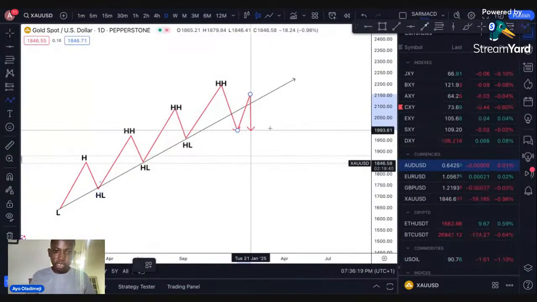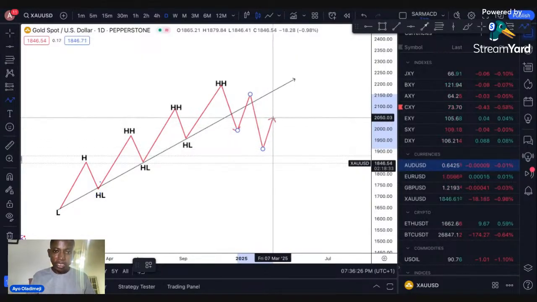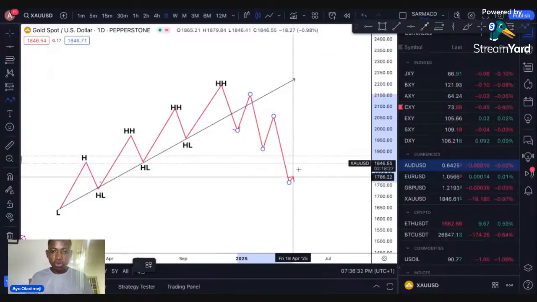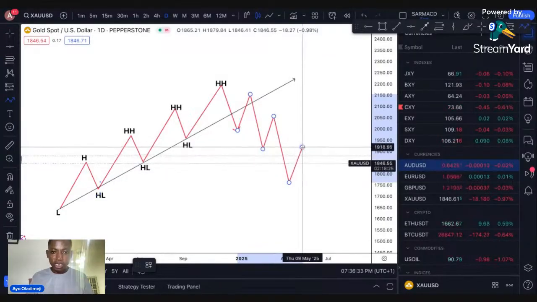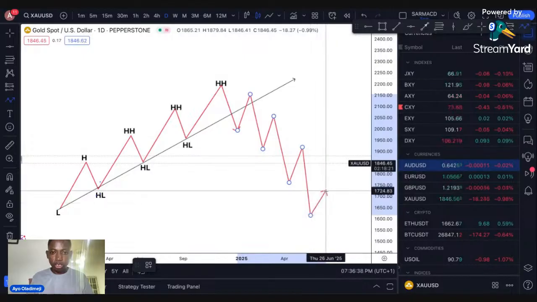But then what do you see? You now see the market comes and breaks this low, and now gives you this. When you see this, it means the trend has changed. It's no longer an uptrend. It has changed into what we call a downtrend.